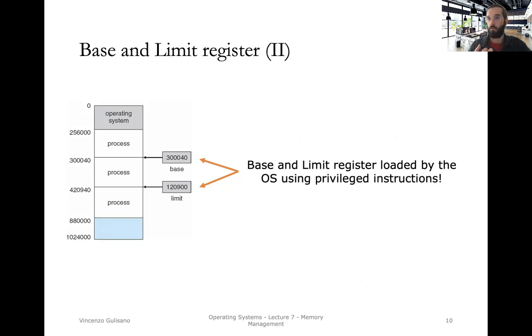We can do this during a context switch, while the user cannot change them, which means that if the process run by a certain user tries to access memory that does not belong to it, the operating system will wake up and do something about it, kill the process or create an alert for the process, and so on.